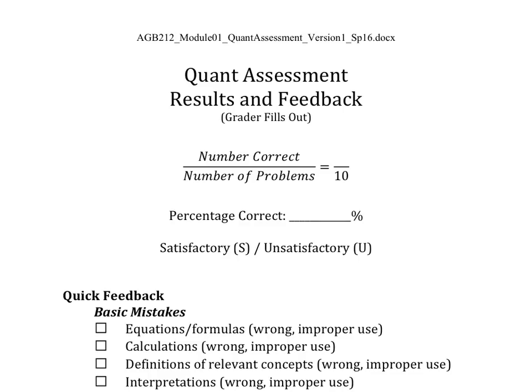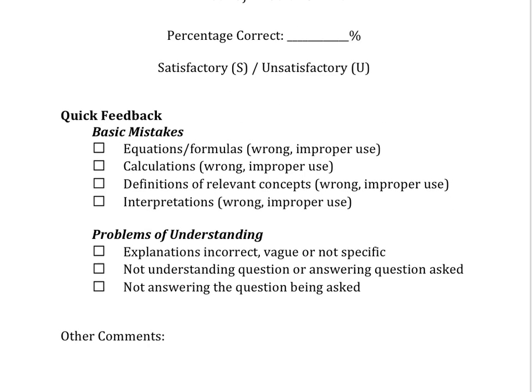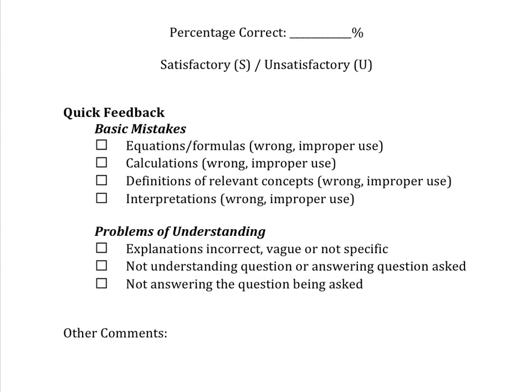And again, since this is the first quant assessment, what I do on the second page is really just set up the scoring out of 10, and you have to get 80% to get a satisfactory. But probably more importantly, we'll check off these boxes to let you know the kinds of mistakes that you've made on your quant assessment.